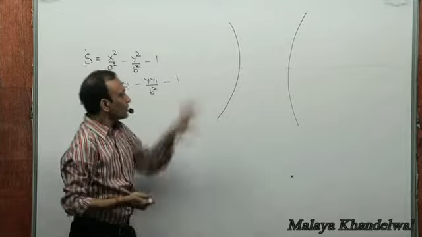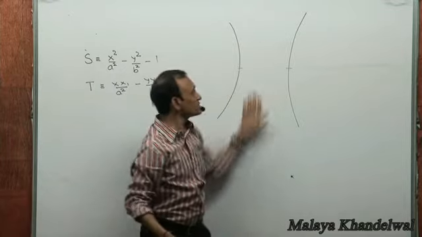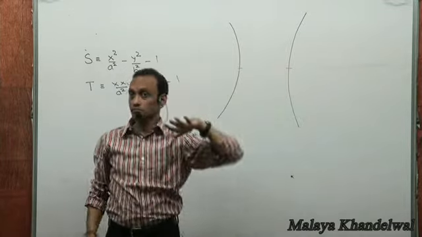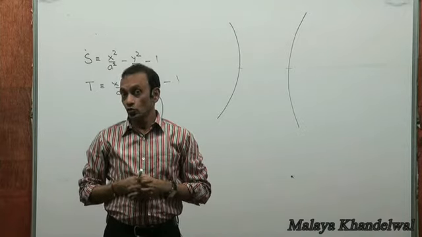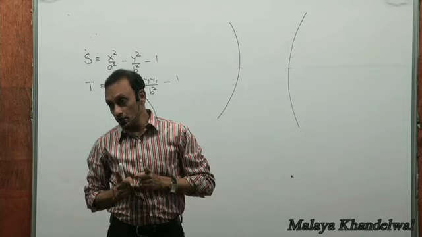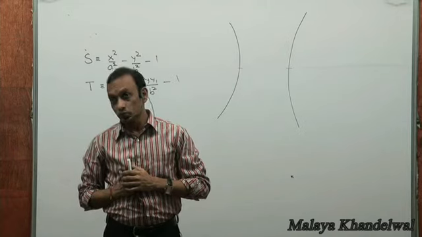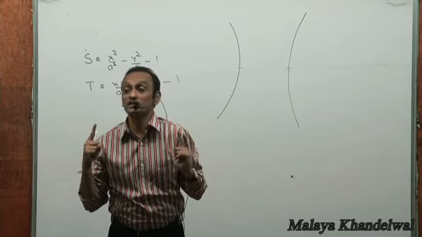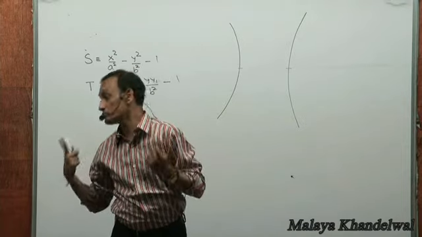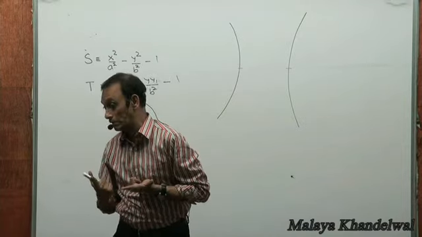This is the inside, and this region is the outside of the hyperbola. If you are given a point outside, you can draw two tangents to the hyperbola. Whether those two tangents belong to the same branch or belong to opposite branches is important to understand, right?